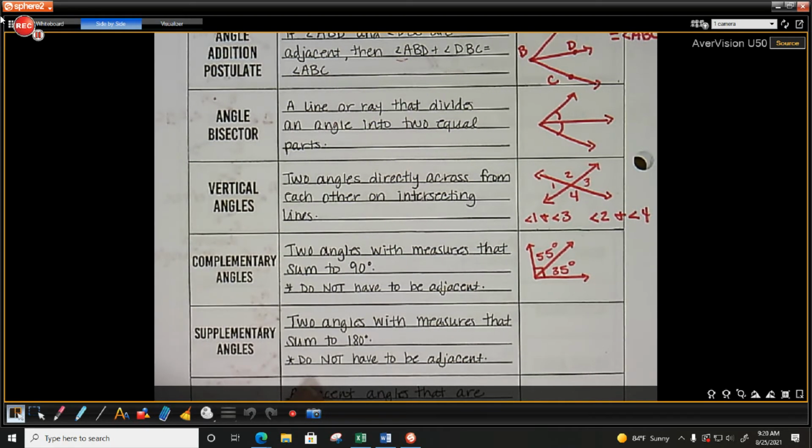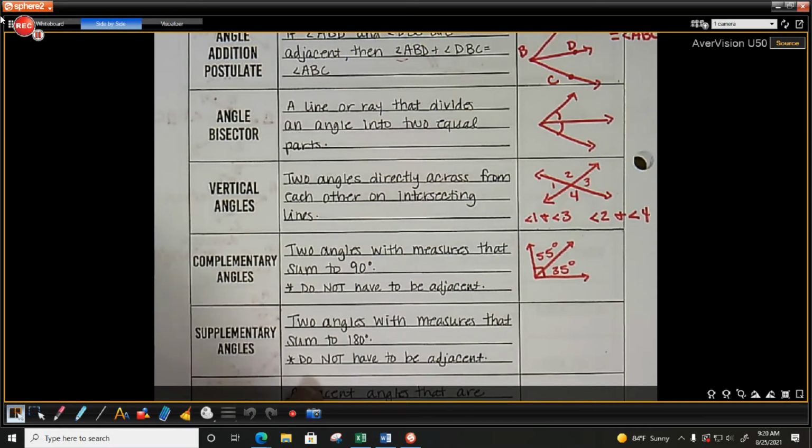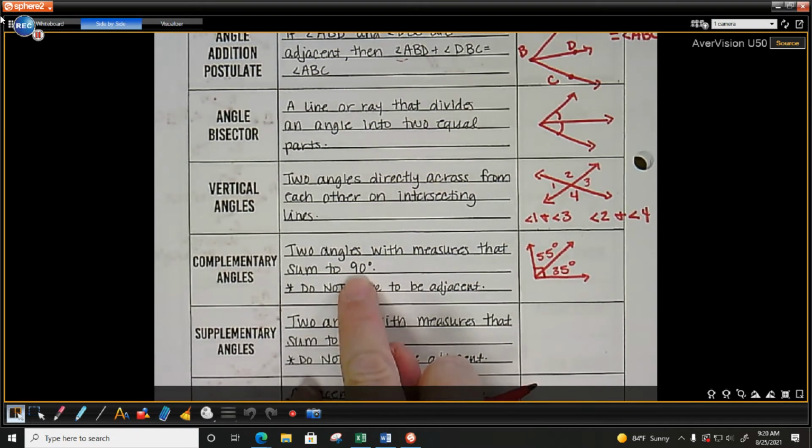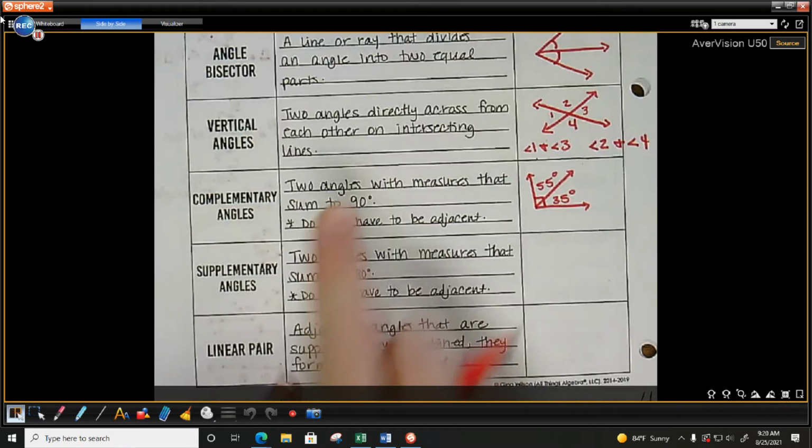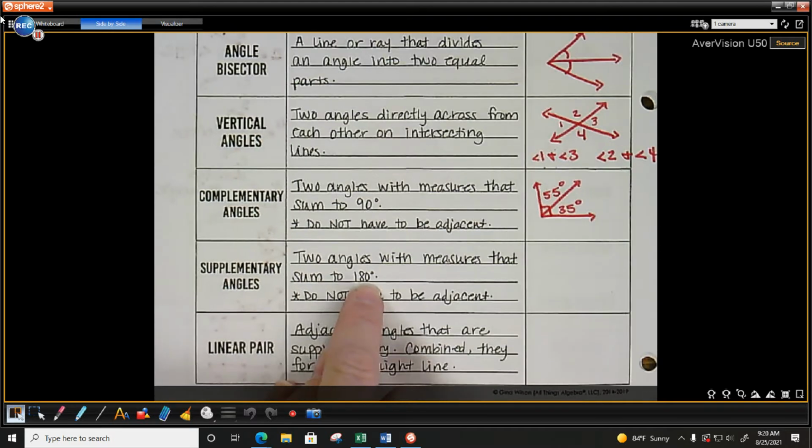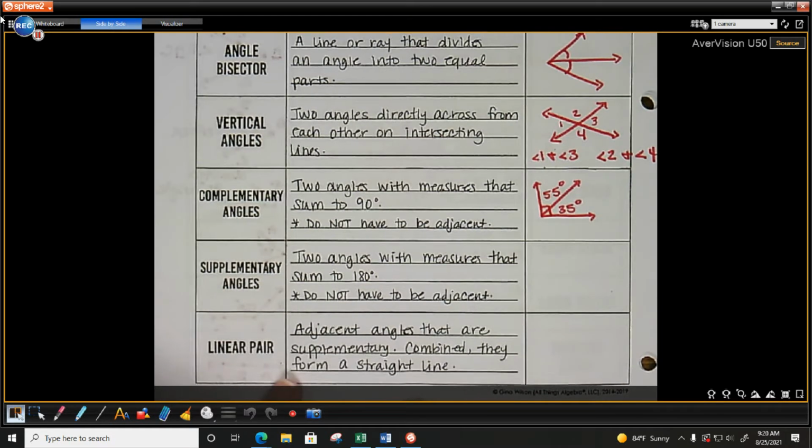Guys, I will tell you, up until last year was the first year I ever taught geometry. Up until last year, I could not keep straight which one's complementary and which one's supplementary. Complementary is 90 degrees. Supplementary is 180 degrees. A teacher told me a way to remember it is compliments are always right. It's always right to give someone a compliment, right?